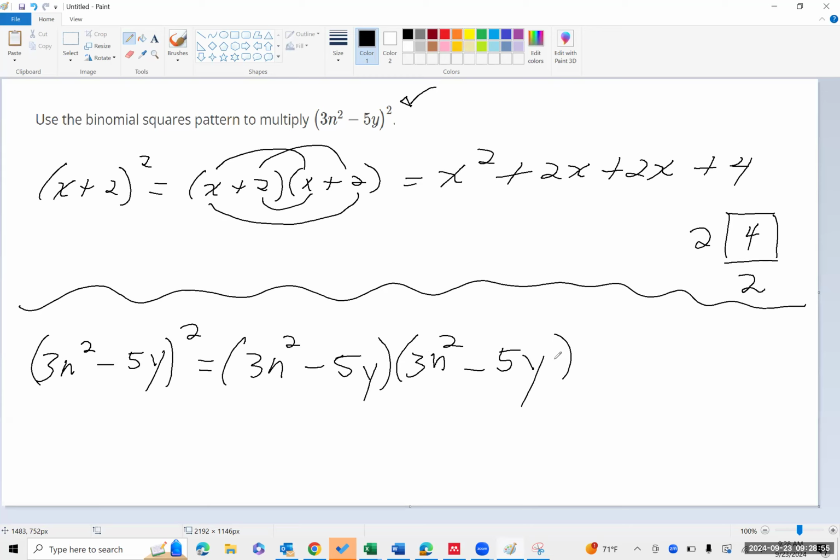And then you're gonna FOIL. By the way, 3n squared times 3n squared, 3 times 3 is also a square, which is 9. Imagine a square that's a 3 by 3 square. Now, you're gonna add the exponents, so you're gonna get a 4.